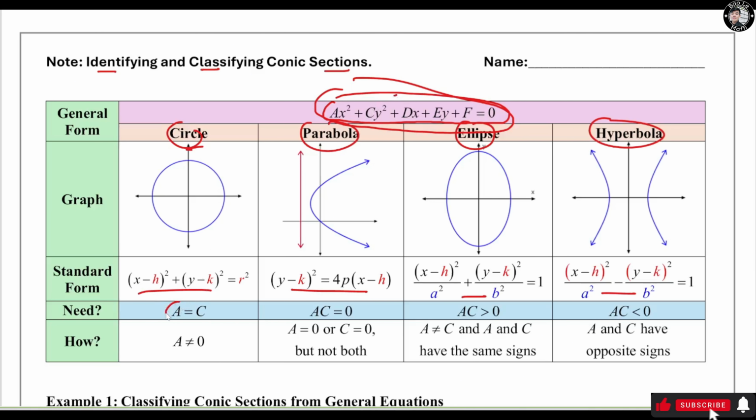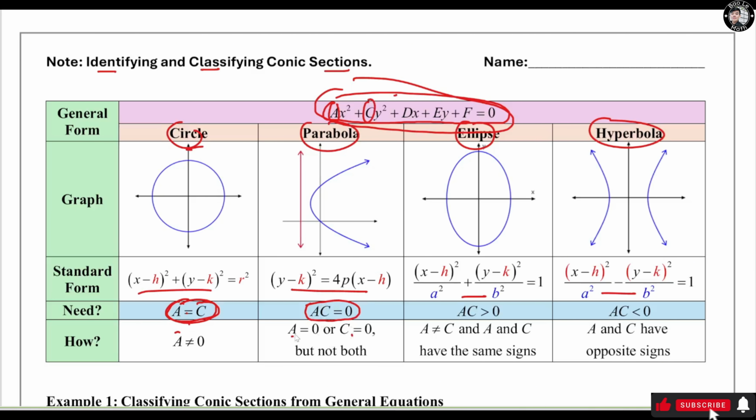We need A equals C, and one of these elements right here must be different from 0, because if they are 0, the whole thing equals 0 and it's not going to be a circle anymore.